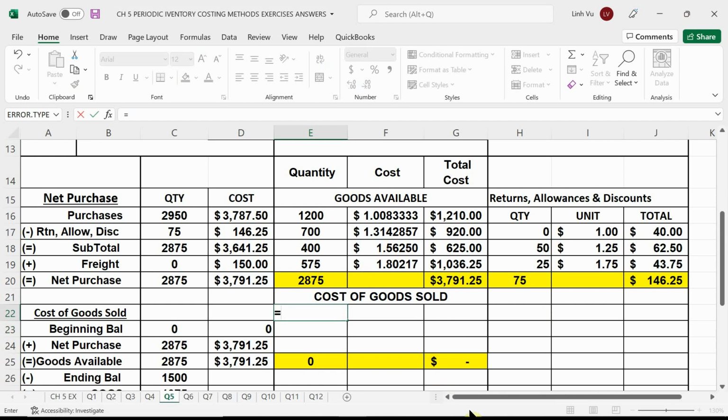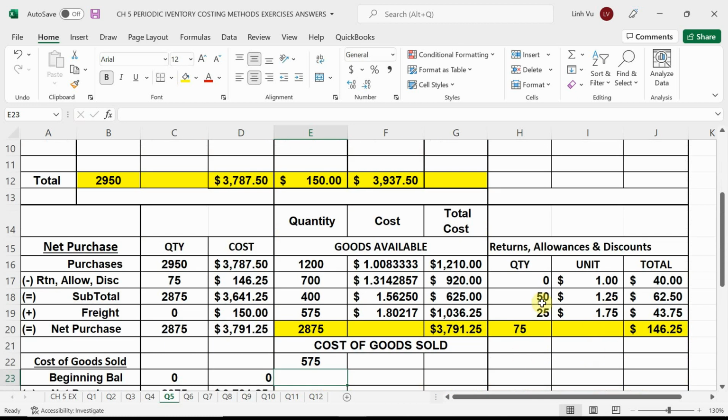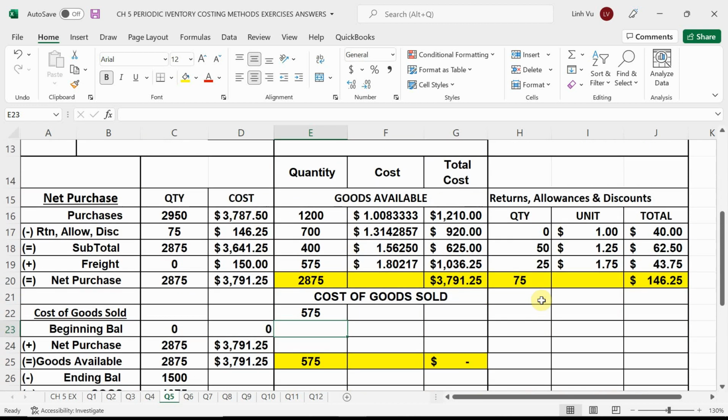600. Where do you see 600? Oh, never mind. 575. The 575, right? Because in this case, I don't have 600 units anymore, because I end up returning 25 of them. So I only have 575 items left.